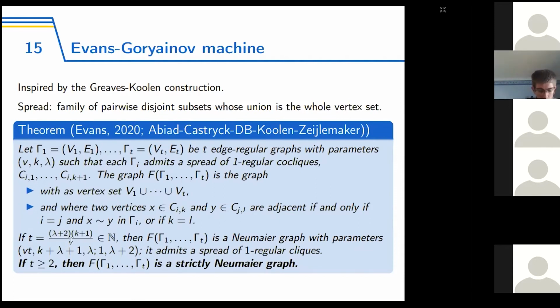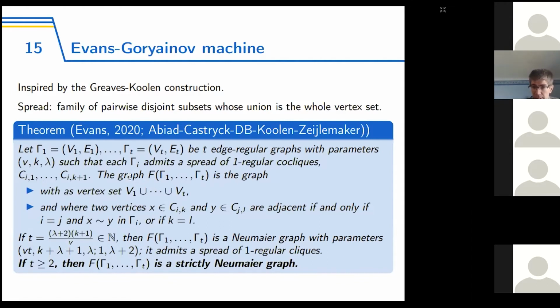Well, we've proven this, but this was independently also described by Evans, Goryainov, Konstantinova, and Mednykh. And apologies if I don't pronounce all the names correctly. So you have this machine, which was inspired by Greaves and Cole, which produces Neumaier graphs if you feed the right thing into it, namely a family of edge regular graphs which admit spreads of 1 regular co-cliques.